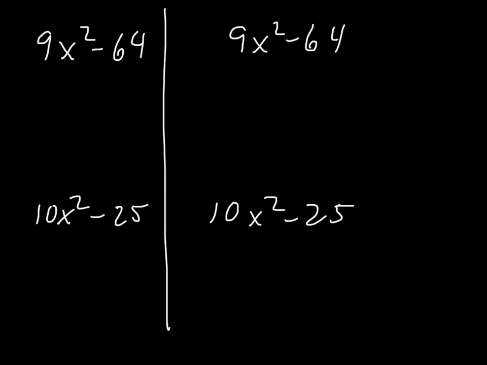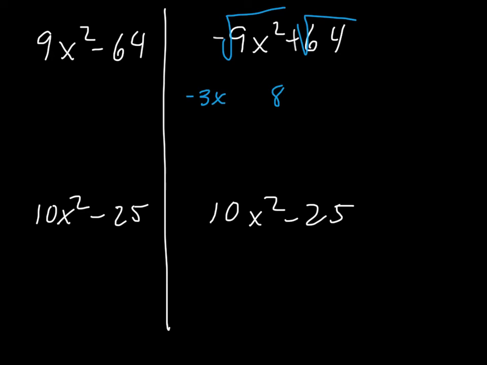Once again, I'm going to go ahead and change this problem a little bit to show you that we have something else. What if it looked like this? Here I still have a binomial, and one of them is positive and one of them is negative. So that's good. That's what I wanted. So I can take the square root of this. So I have 3x, and then the square root of that, which is 8.